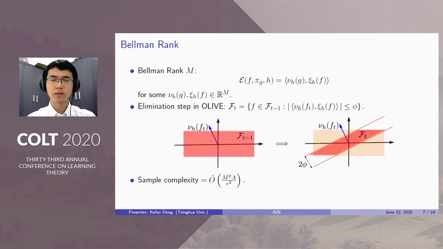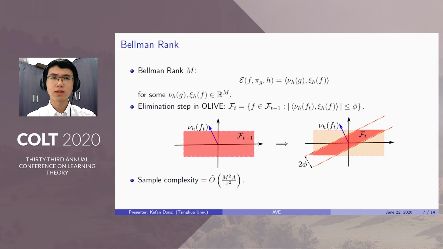The first vector depends on only g, and the second vector depends on only f. So, the elimination step given the roll-in policy ft is to eliminate functions with large inner product with the vector defined by ft. This process is similar to the ellipsoid method when solving linear programs. So the number of elimination steps can be bounded approximately by the dimension of the vectors, which is the Bellman rank.